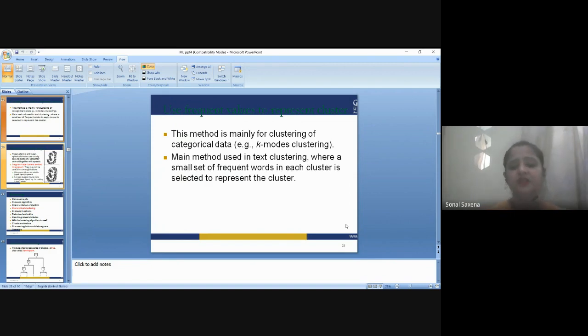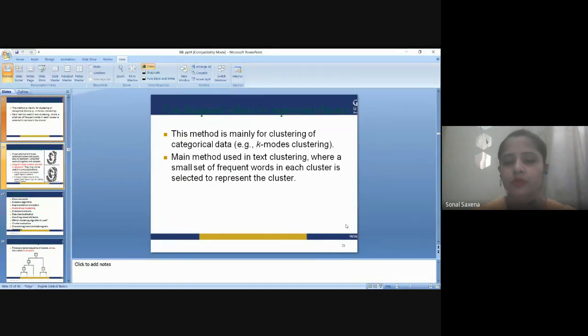This method is majorly used in text clustering, where, as you have seen sometimes on Facebook and Twitter, there are algorithms running which automatically remove tweets or posts that contain negative words. So how do we do that? We make a different cluster of negative words. Any text which is similar to a particular cluster, like if you say "not" is a cluster, then anything related to not, either no, neither, nor, similar words related to not.